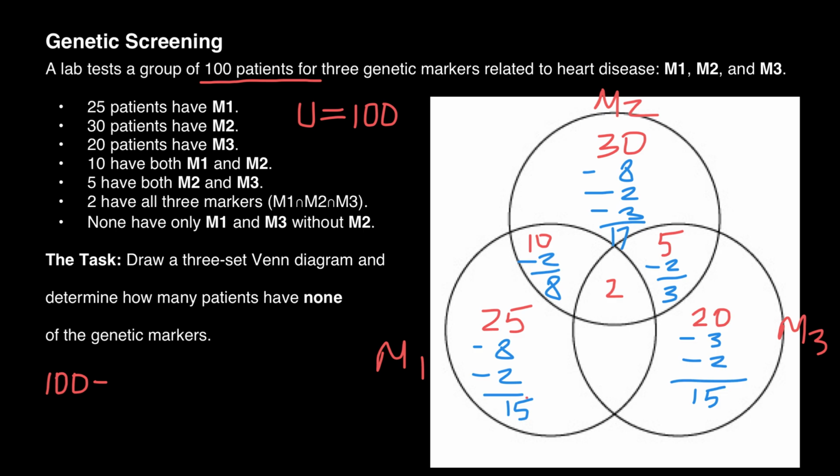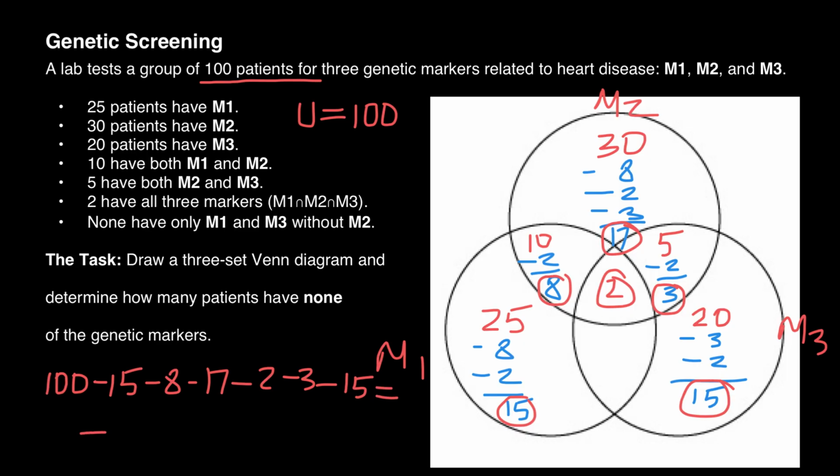So minus 15, minus 8, minus 17, minus 2, minus 3, minus 15, and we are going to get 40. And we put this 40 here. So that means that we have 40 people that have none of the markers M1, M2, and M3.